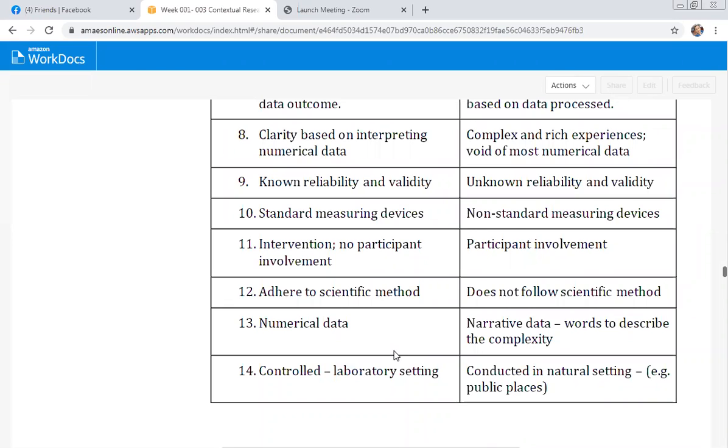So there are existing standard measuring devices available in our school of knowledge, which are commonly used during quantitative research. But when dealing with qualitative research, we use non-standard measuring devices. Okay? Remember those things.